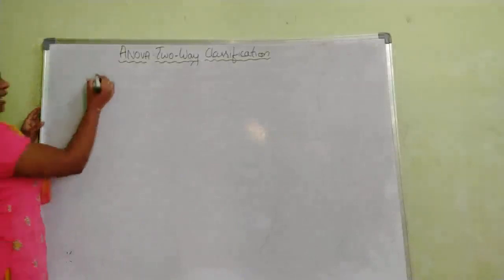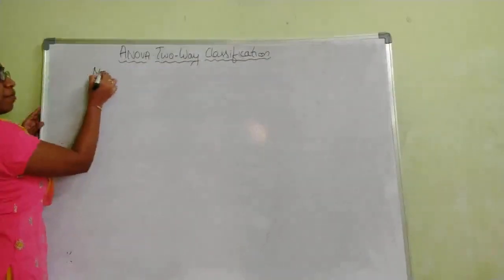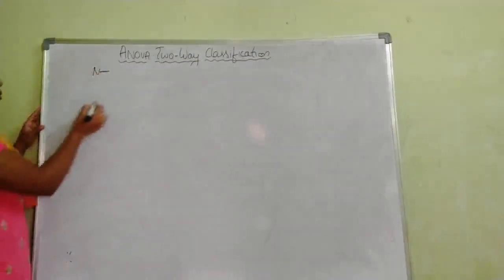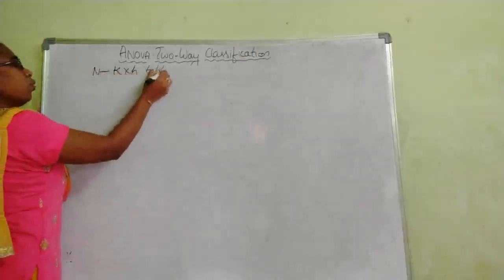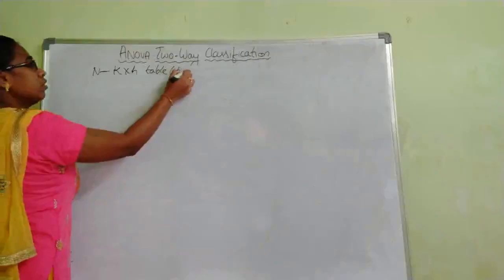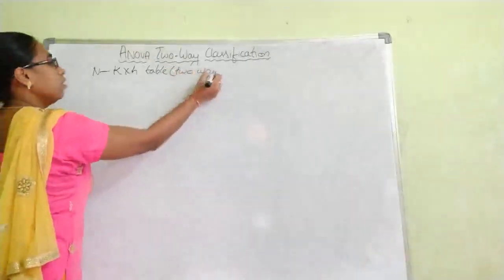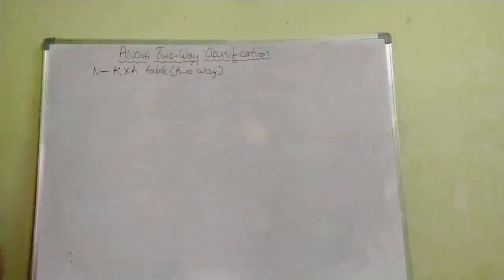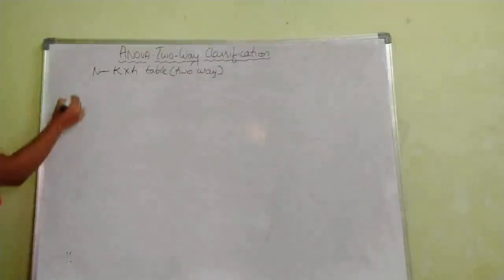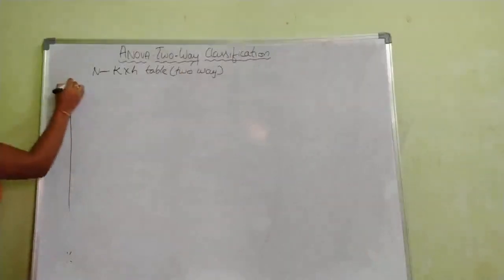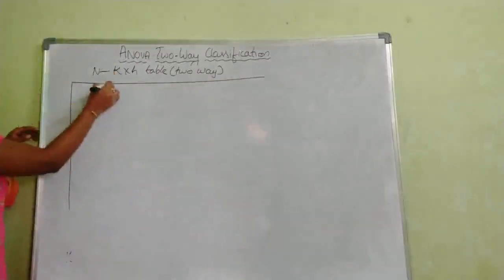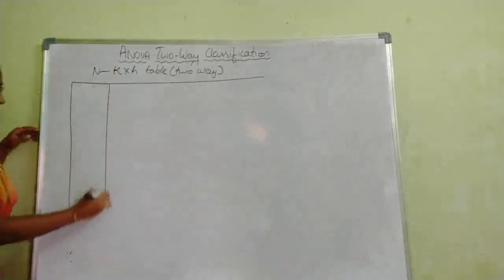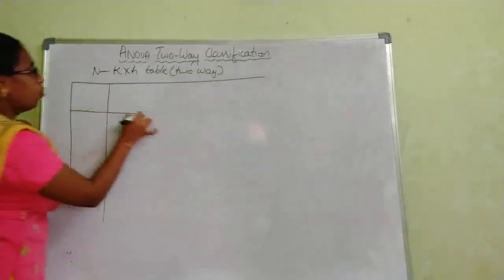So the total n number of observations can be expressed in the form of a K by H two-way table, which is called a two-way table or ANOVA two-way table. So how will you differentiate the observations? Total n number of observations will be divided according to the treatments and blocks.